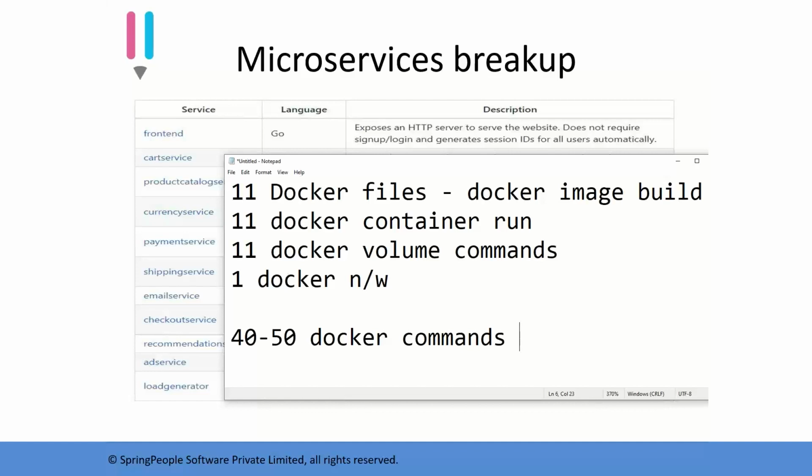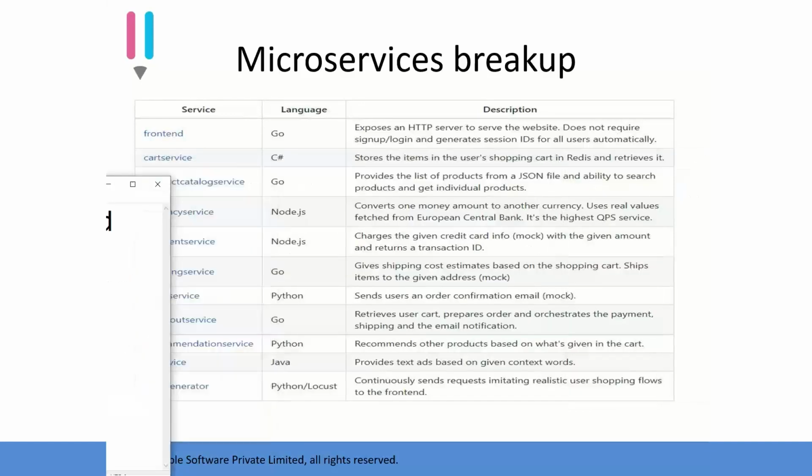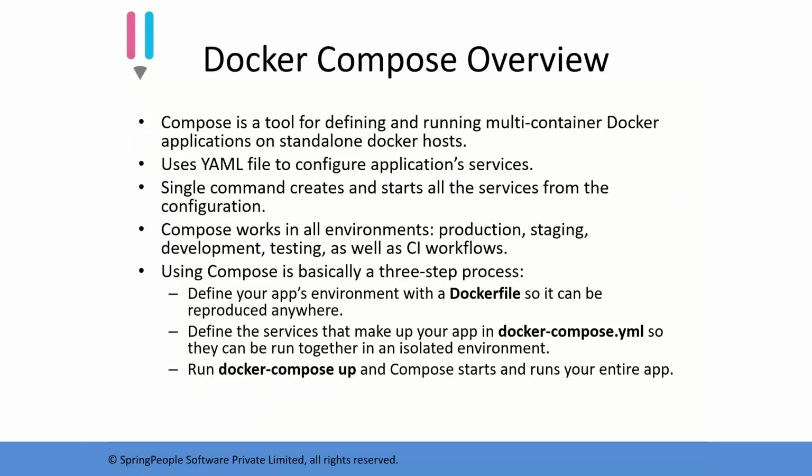If I want to stop it, or if I want to see the logs, the complexity increases as the number of microservices increases. That's where a tool like Docker Compose comes into the picture, right? So that was the problem statement. When you have a lot of small microservices, like the example we saw, deploying and managing an end-to-end multi-container application becomes the problem.